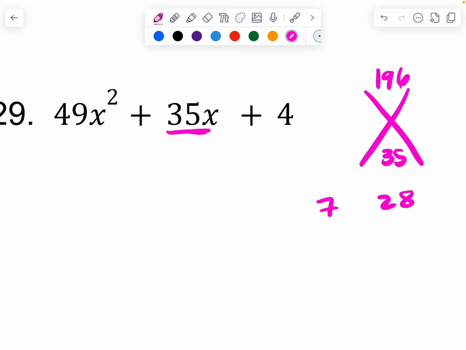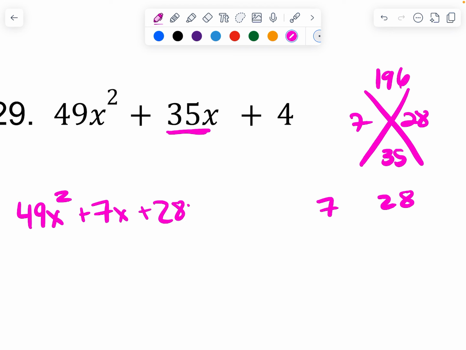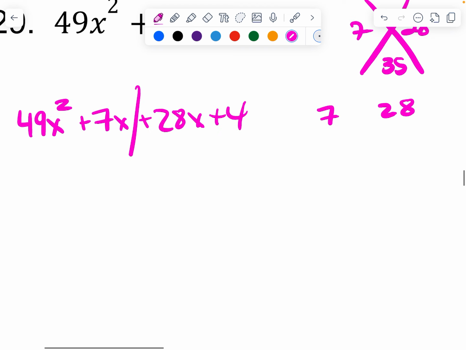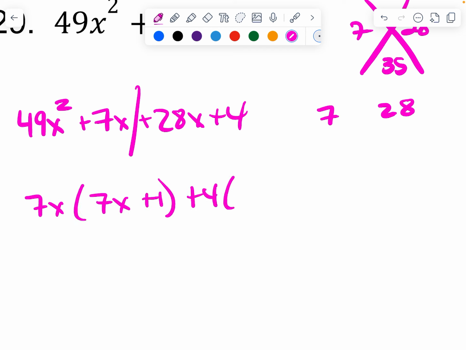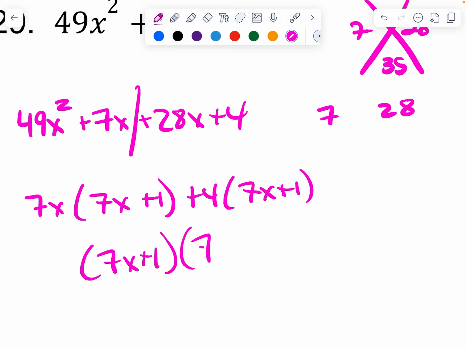Oh, I didn't even mean to do that that fast. So 49x squared plus 7x plus 28x plus 4. I'll take out a 7x and I will get 7x plus 1. I take out a 4 over here and I would get 7x plus 1. So 7x plus 1 and 7x plus 4.